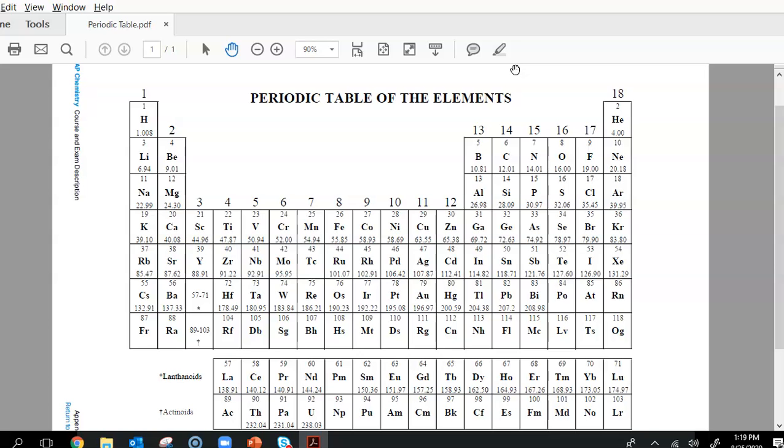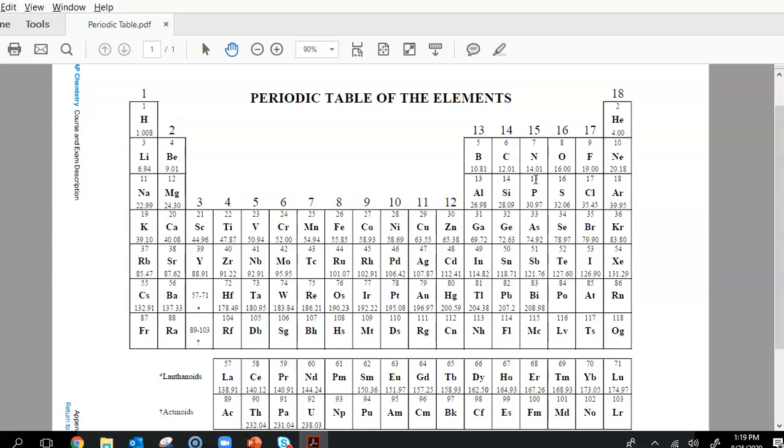So this is the periodic table that you will be given, or it's in Schoology. You can see here that for any element it does not have its name on it. It's just the chemical symbol. Always starts with a capital letter, and of course in some cases there are more than 2 letters, but only 1 capital.